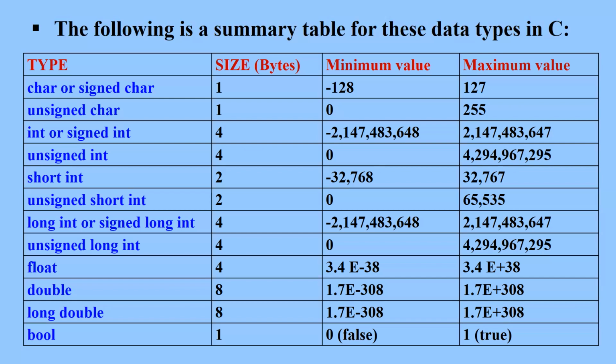Double is of size 8 bytes. It can accommodate a minimum value of 1.7 times 10 to power negative 308. Very small value. All the way to a maximum of 1.7 times 10 raised to power 308, that is 1.7 e positive 308.